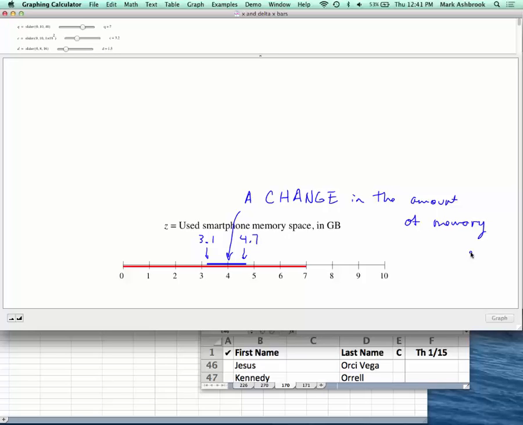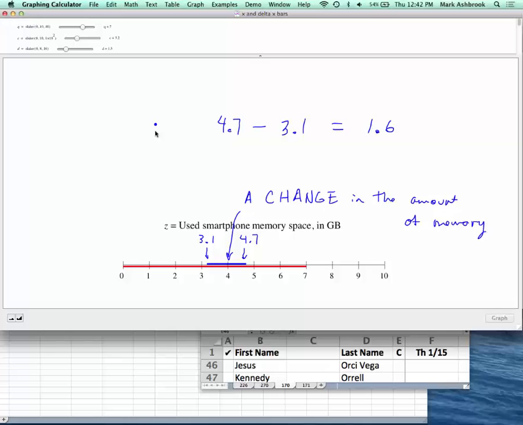What is the change in gigabytes that's being shown by that blue bar? Yeah, the amount of change. What is the value of the change according to my estimates of the start and ending point? And how did you get that 1.6? Yeah, you're going to take the final value of the quantity minus the initial value of the quantity, and that's going to give you 1.6.